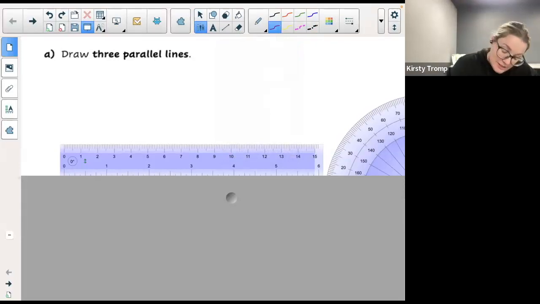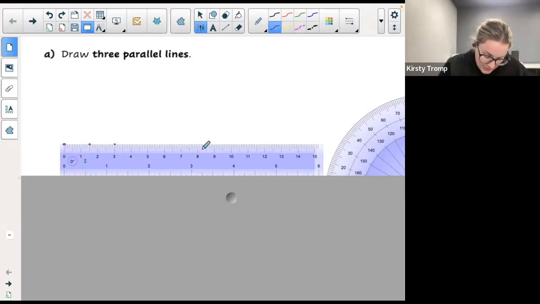Right. I'm going to do 1 mark at 0 for myself. I'm going to do another mark at maybe 1.5 centimeters, and another mark at 3 centimeters. Again, you don't have to draw it the exact same way that I've drawn it. I'm going to draw it this way to help myself.